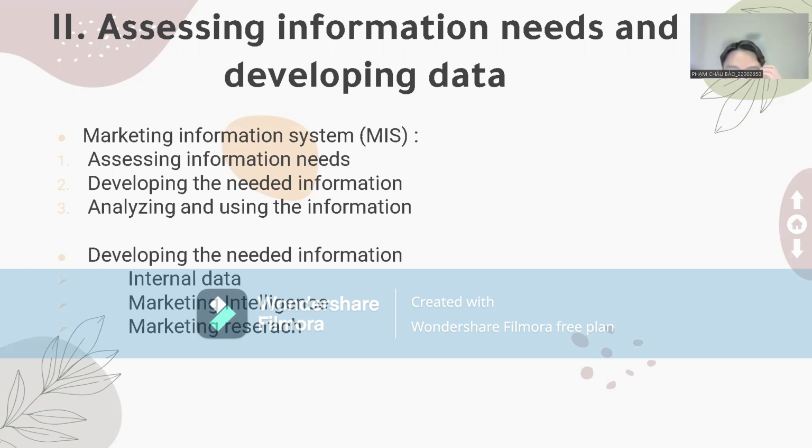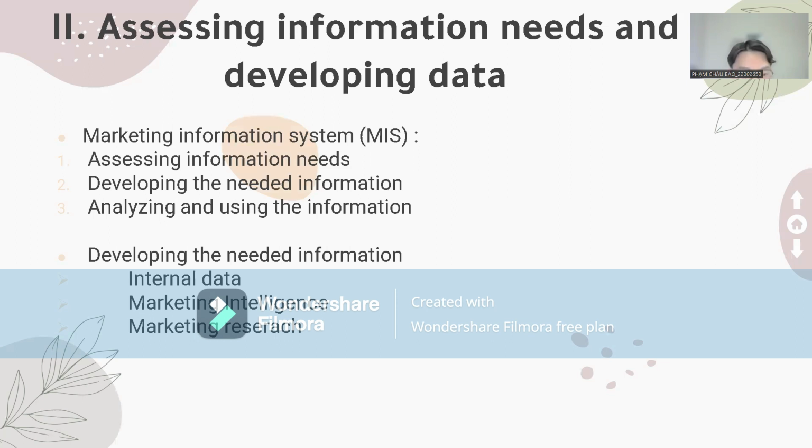First is assessing information needs, then developing the needed information, and then analyzing and using the information. You can easily see that this is a system, just a part of the whole development of data, but it plays an important role in the whole data.